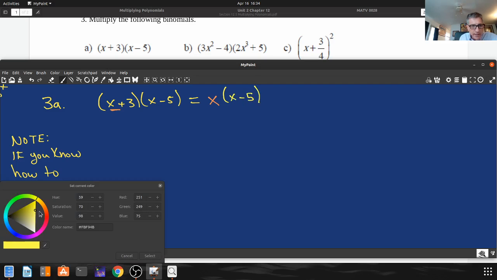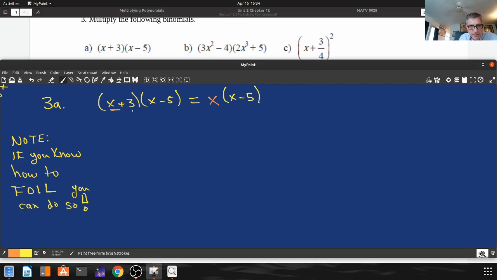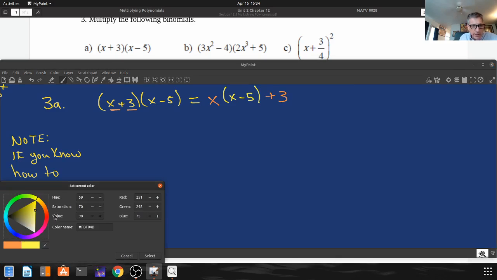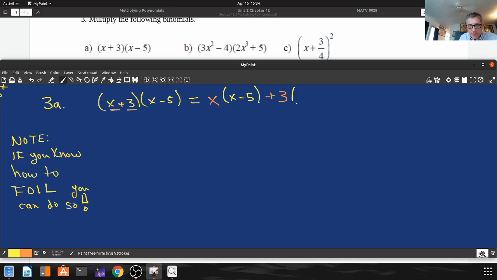And then I take the second term in my first binomial, and I multiply it again by my second binomial or factor. And then I just go. X times x is x squared. X times minus 5 is minus 5x. 3 times x is plus 3x. And 3 times minus 5 is minus 15.